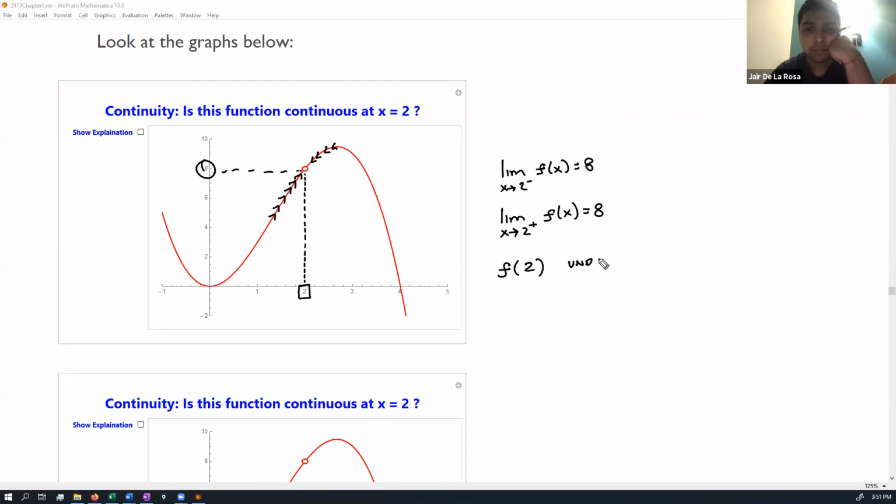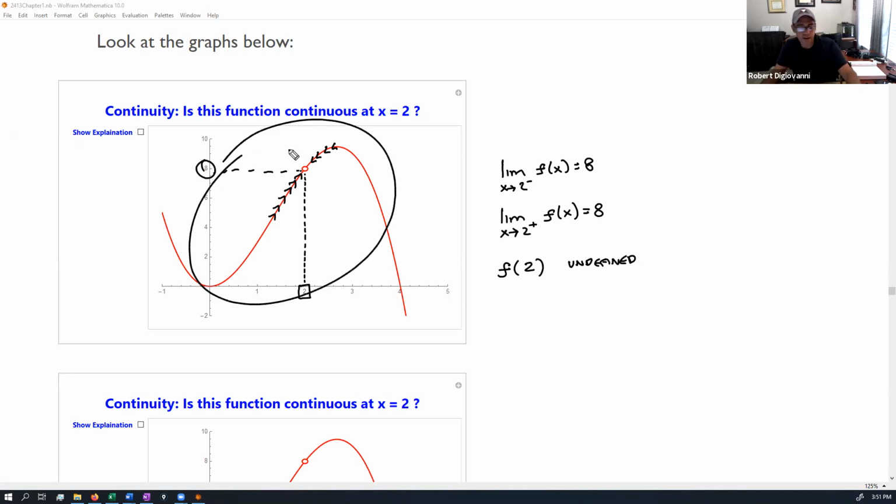Now, Jair, if the function was defined at 2 to be 8, then wouldn't that fill that hole in? Yes. And if that hole was filled in, then could you draw it without picking up your pencil? Yes. So this function right here is not continuous at 2, not because the limit from the left doesn't exist or from the right doesn't exist. It's the fact that we have the hole that causes us to have to pick our pencil up, right?